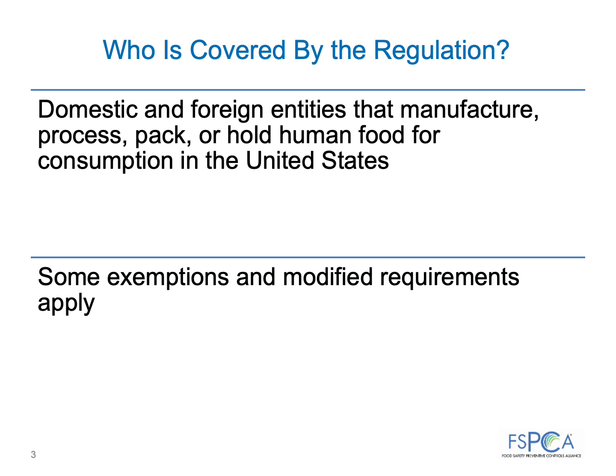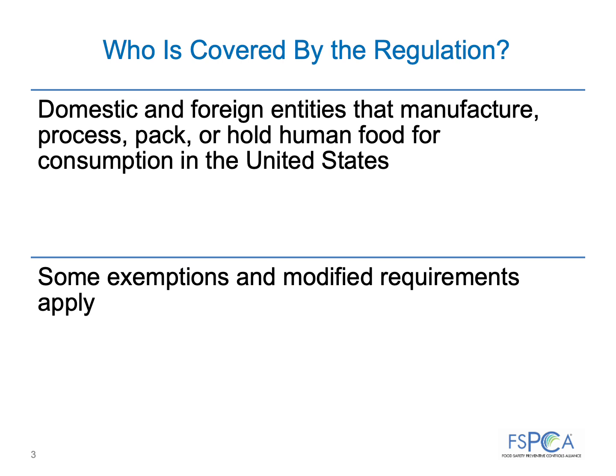Facilities required to register with the FDA under Section 415 of the Food, Drug, and Cosmetic Act are subject to both the good manufacturing practices and the hazard analysis and preventive controls for human food requirements.